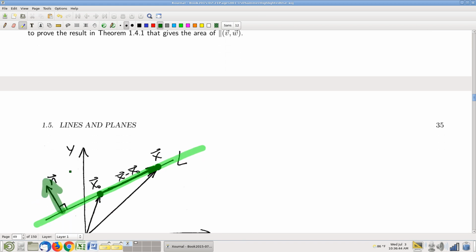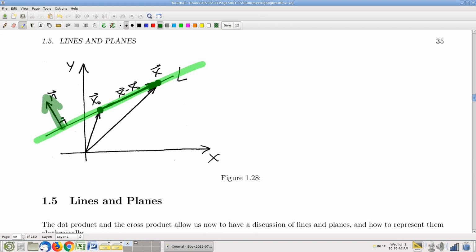Whoops, I'm sorry, my elbow hit the thing there. I'm going to give you a normal vector perpendicular to that line, and I'm going to give you a point on the line. Now, I appeal to your geometric intuition.